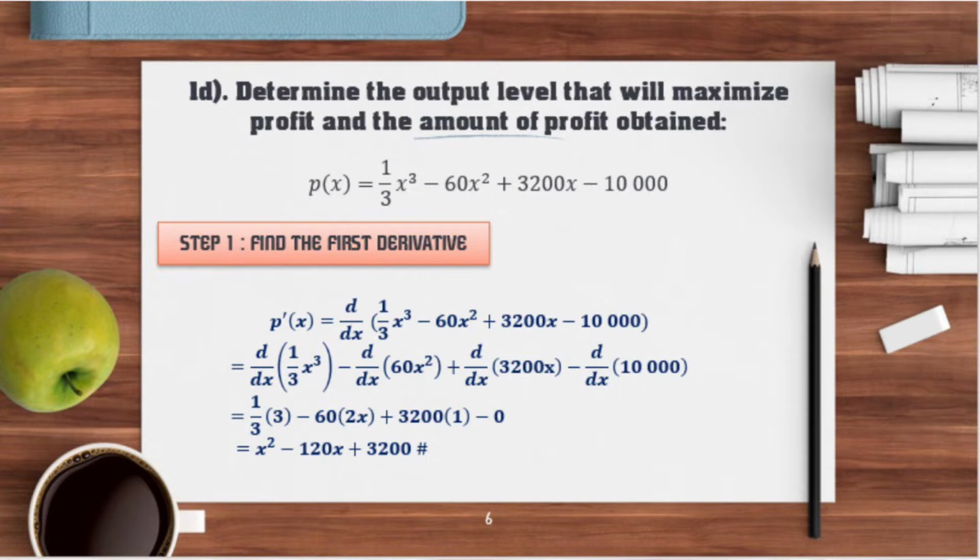For this part, we have 3 steps to solve it. First step is to find the first derivative using the power of a function rule. After substituting it, we get the answer x squared minus 120x plus 3,200.